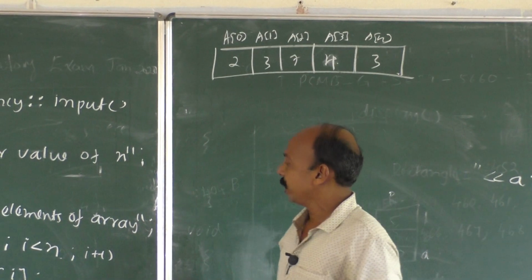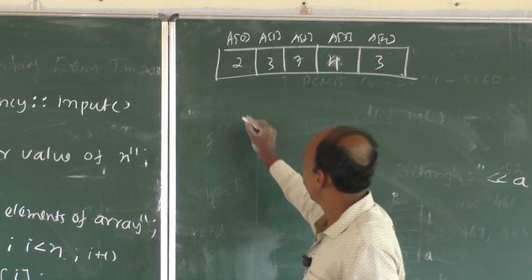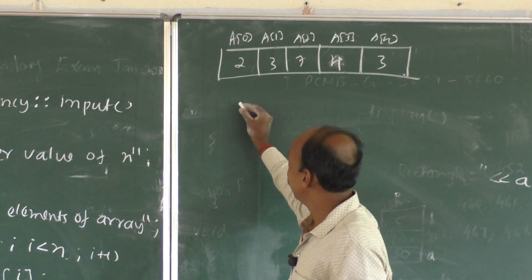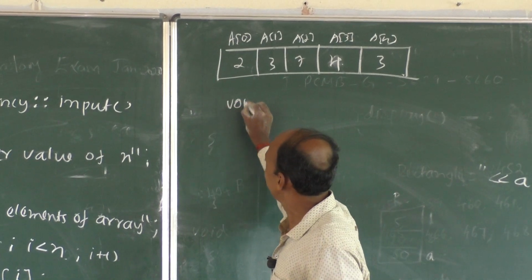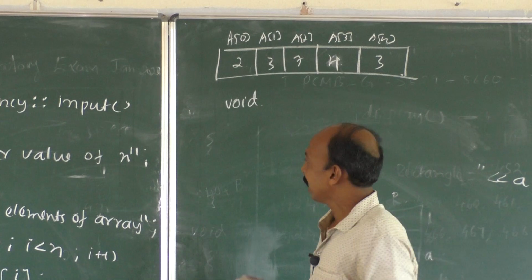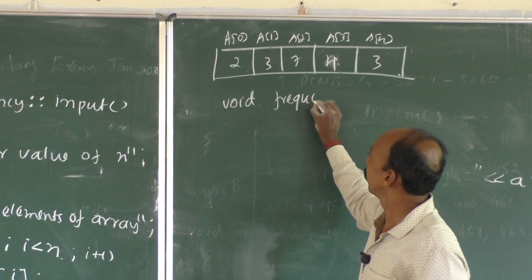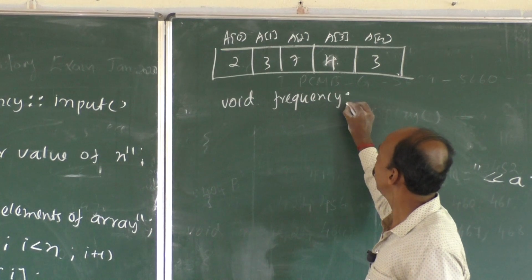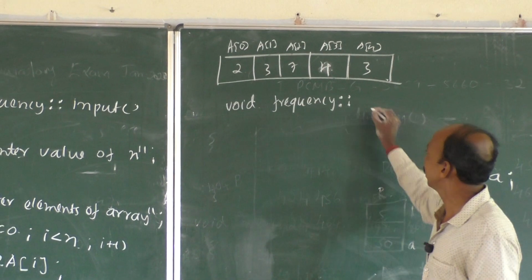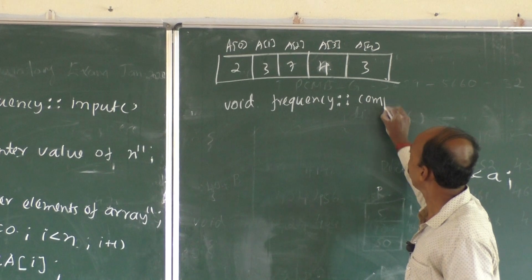So what to do here? How to compute it? Again, let's write the function name. Return type is void. What is the class name? Class name is frequency. Scope resolution operator. Then comes the function name, that is compute.